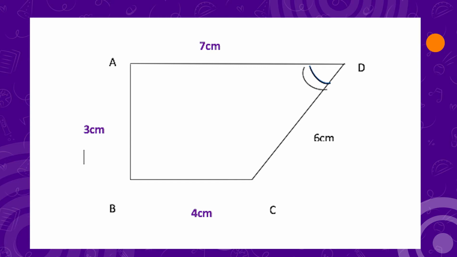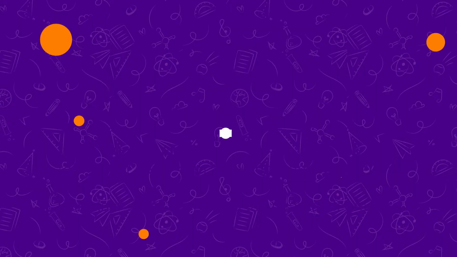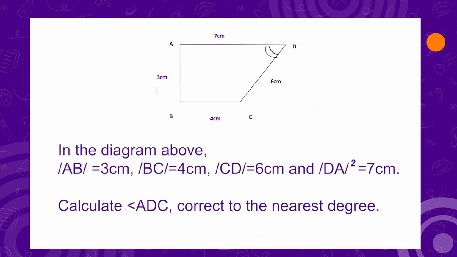Now, we are told that in the diagram above, line AB is equal to 3 centimeter, BC is equal to 4 centimeter, CD is equal to 6 centimeter, and DA is equal to 7 centimeter.